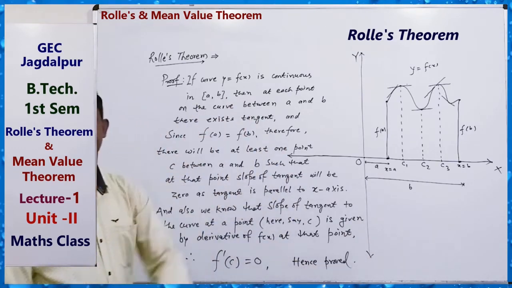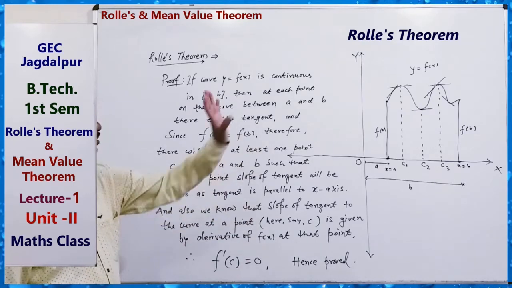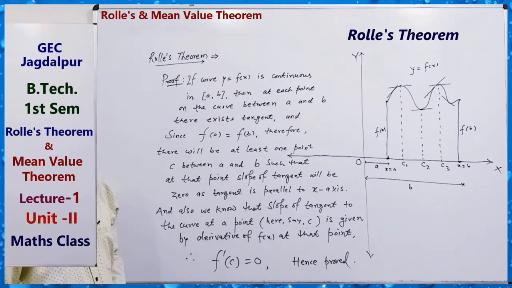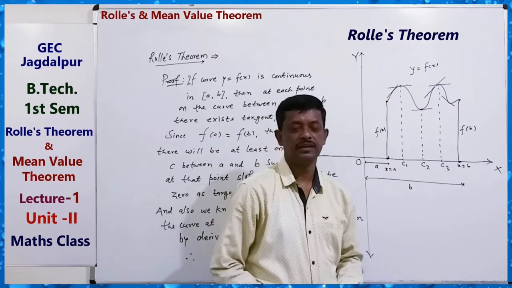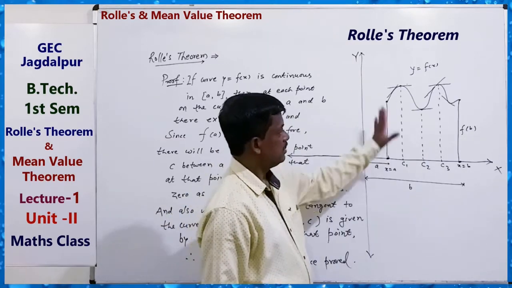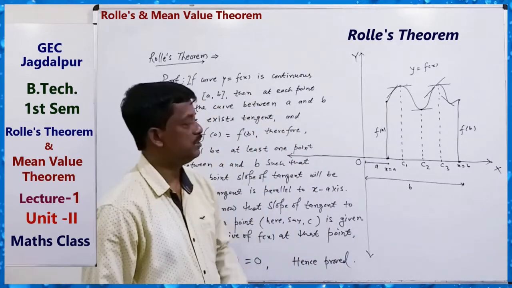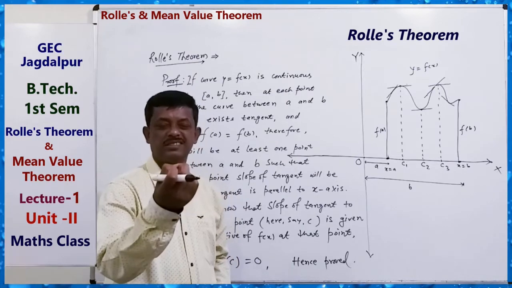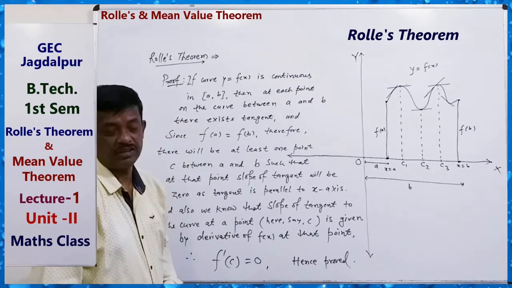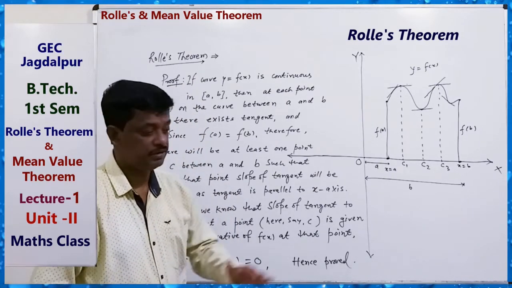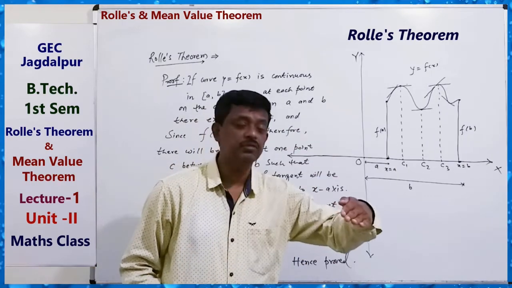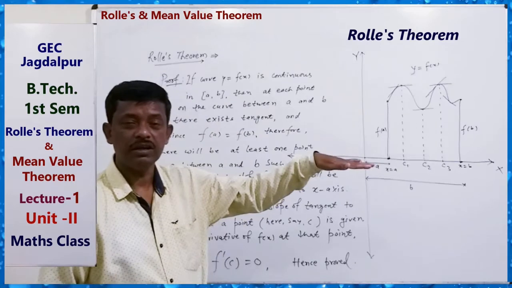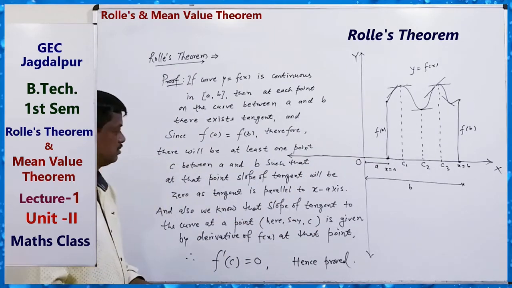This is the geometrical proof of Rolle's theorem. Geometrical interpretation also you can say. Geometrical interpretation means what? Here in between A and B there will exist at least one point at which the derivative equals 0, that is, at which the tangent to the curve is parallel to the x-axis.